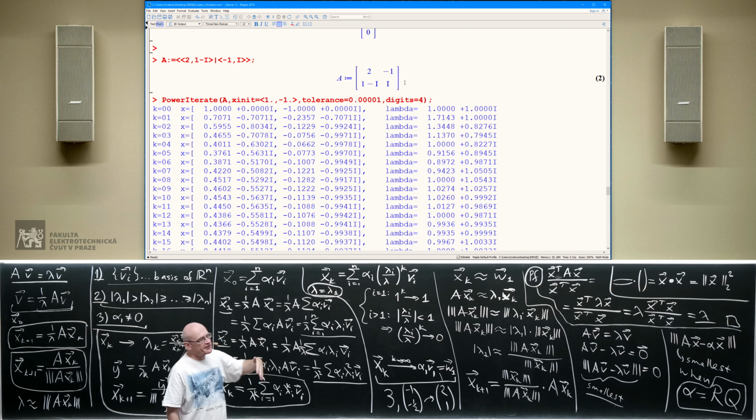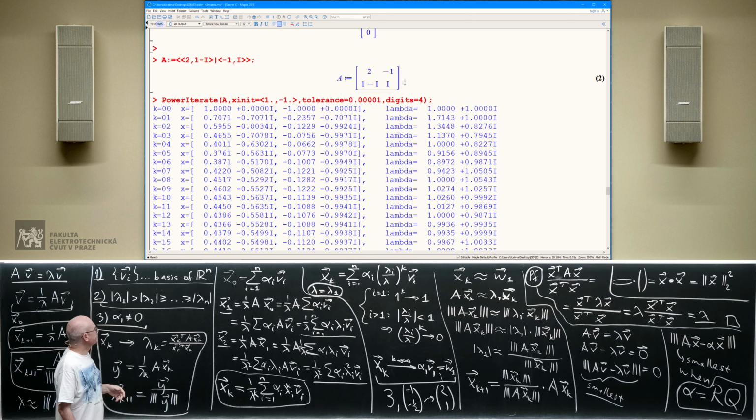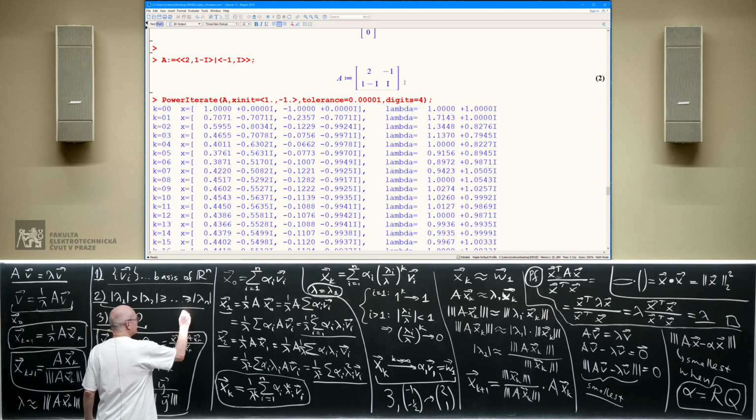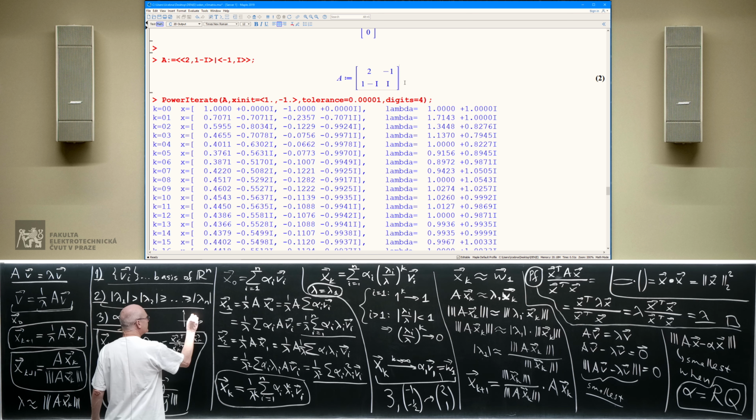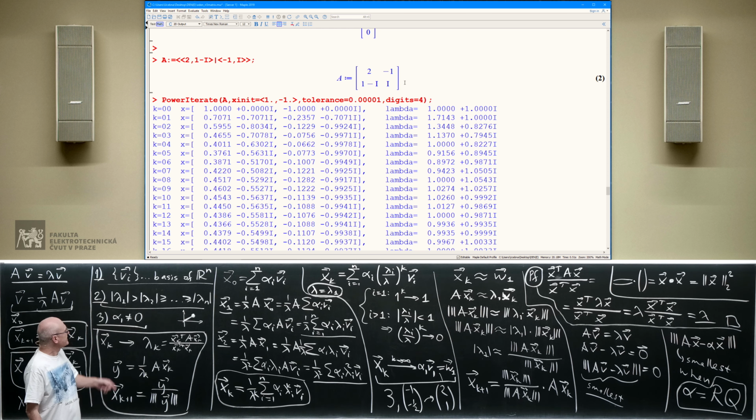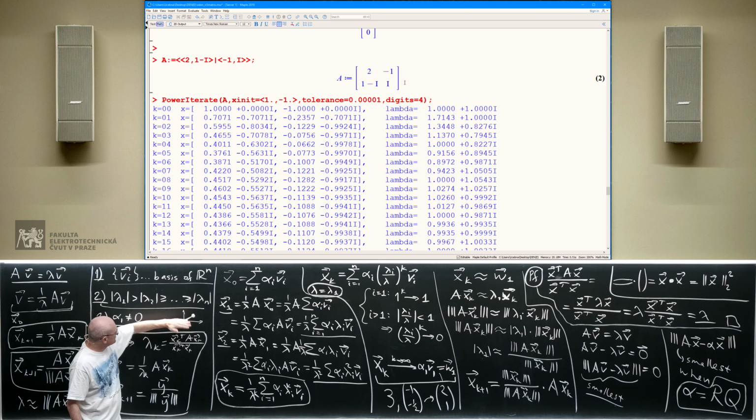Why didn't I use a real-valued matrix? Because it's much nicer, isn't it? I mean, it would be much easier for me. Well, here is the problem. When you have a matrix which has real values and a complex eigenvalue, and now imagine that this is the largest eigenvalue, because that's what we are interested in, then for the real-valued matrix, there also must be another eigenvalue, which is the complex conjugate of this one.